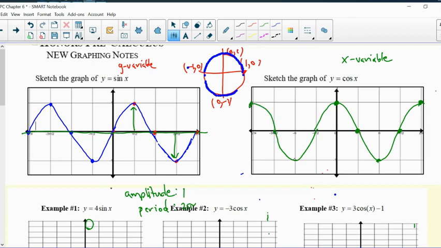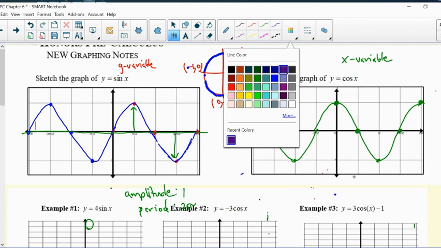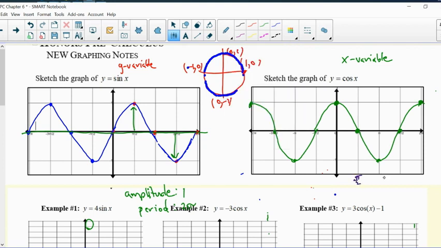So again, the key features of the cosine graph, like the key features of the sine graph, are our 4 quadrantal values. I probably should label these, although I think you can kind of see them. But as we start changing the period of our functions, we're going to be changing our labels. How often does it hit these values? And this is amplitude of 1.